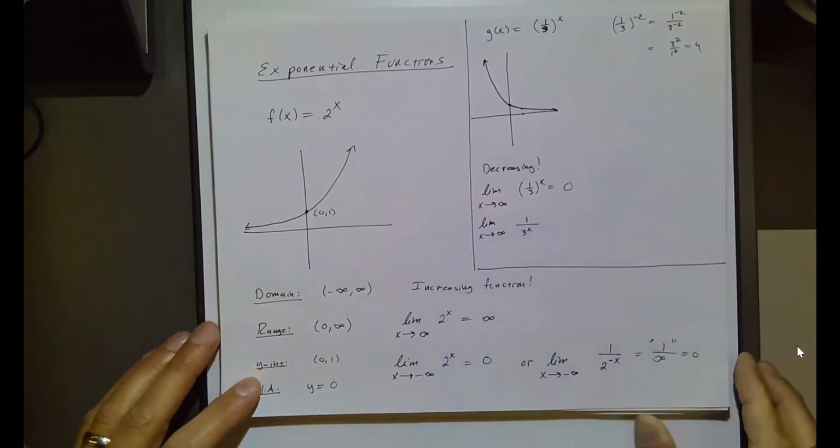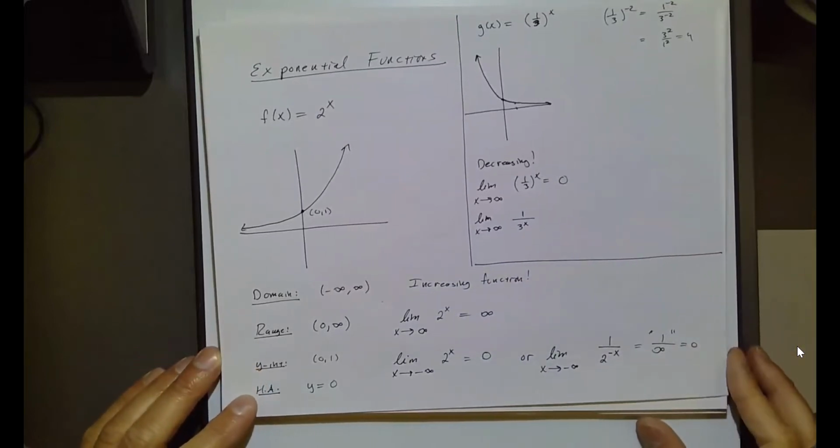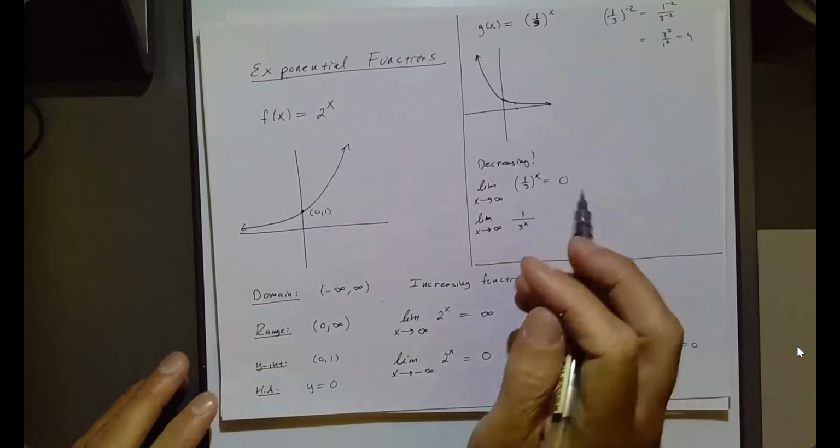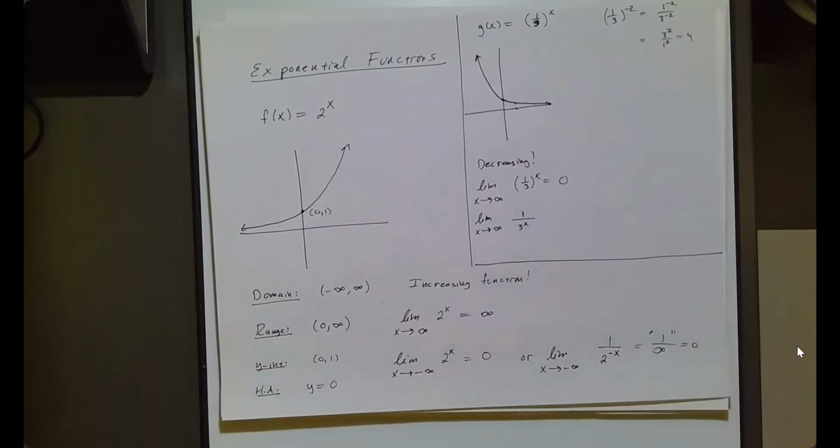Now I kind of took a shortcut there. When you have a fraction to a power, both parts get the power. So I really actually probably should have written that it's 1 to the x over 3 to the x. But what's 1 to the x? Or I should say, what's 1 to any power?